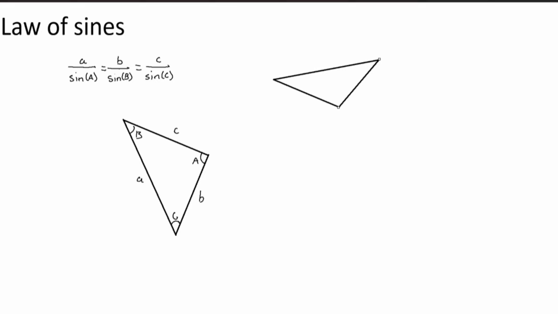It's kind of hard to do that. So let's say this angle is 37 degrees. I like 37, it's a nice number. This side is 12 centimeters, and this side right here is x, which we want to solve for. And this angle right here is 22 degrees.